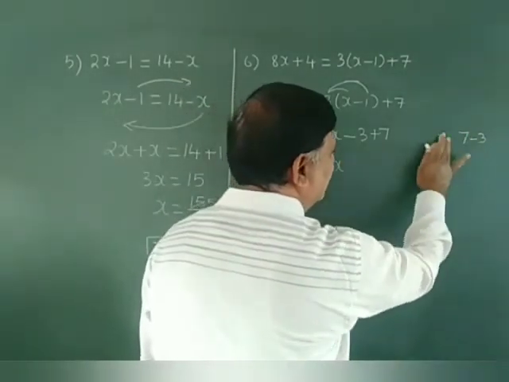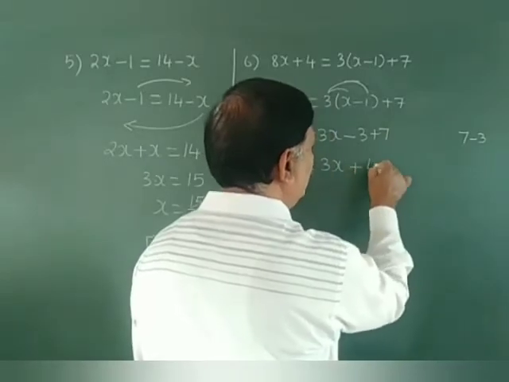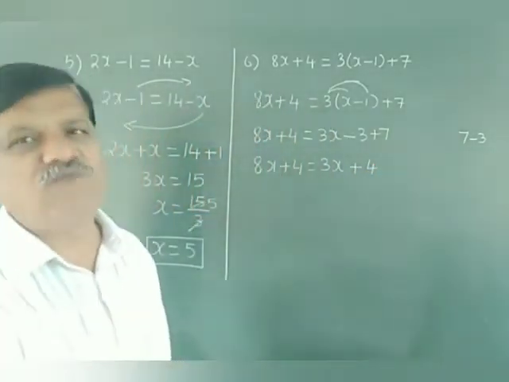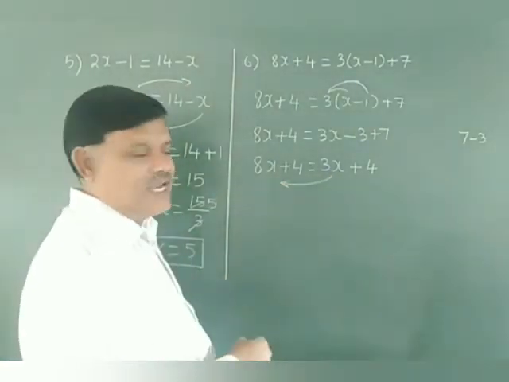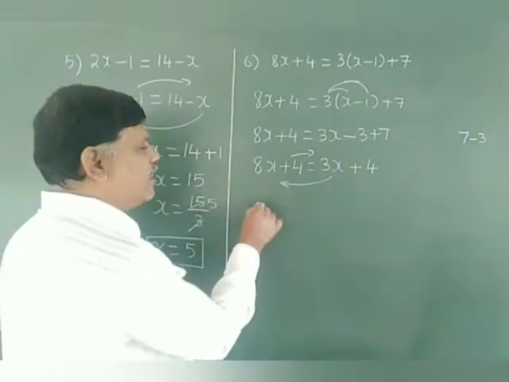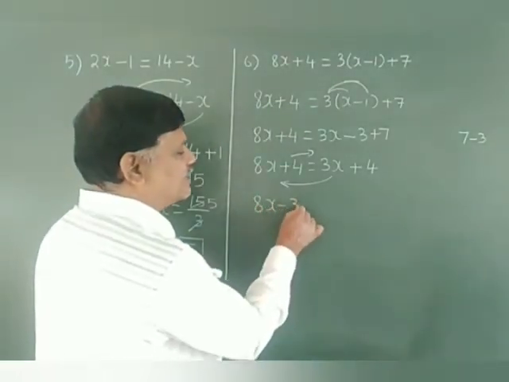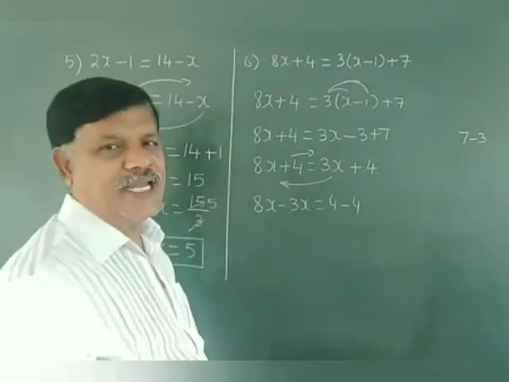That means it is in the form of 7 minus 3. That equals how much? 4. Now we transpose 3x toward the LHS and plus 4 to RHS. So what do you get here? 8x minus 3x equals 4 minus 4.